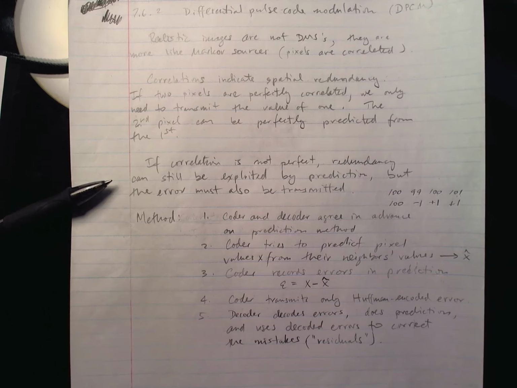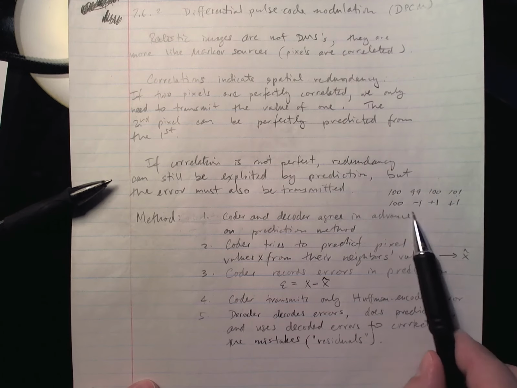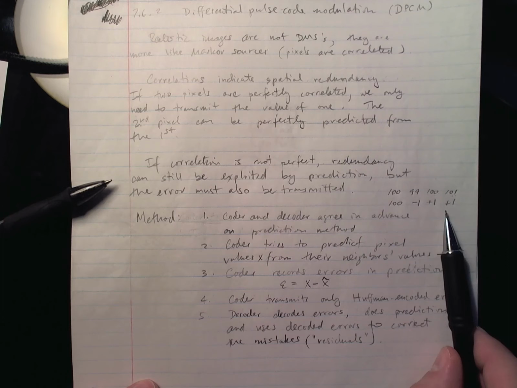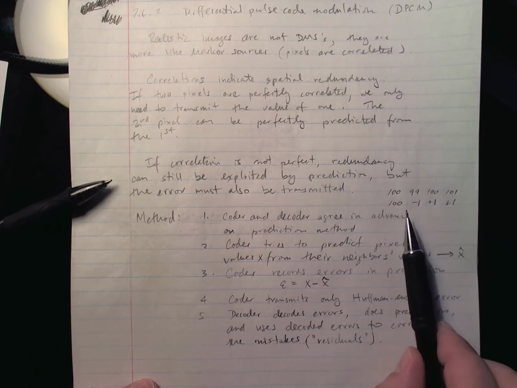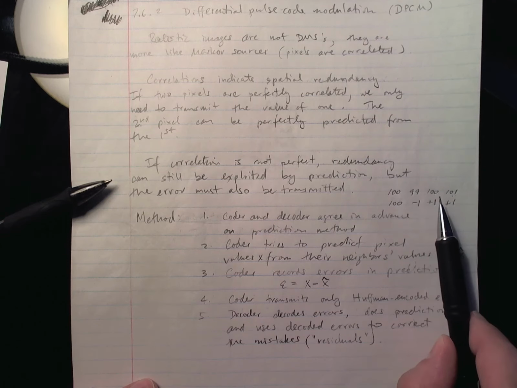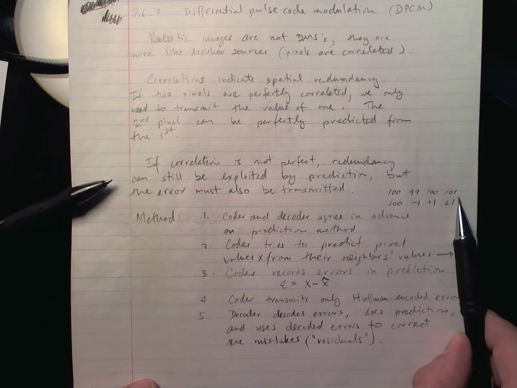And now to make this method even more efficient, let me back up for a second. So up to this point, this idea that I have spelled out for you is using spatial redundancy. It's using the fact that spatially the pixels are similar to each other.